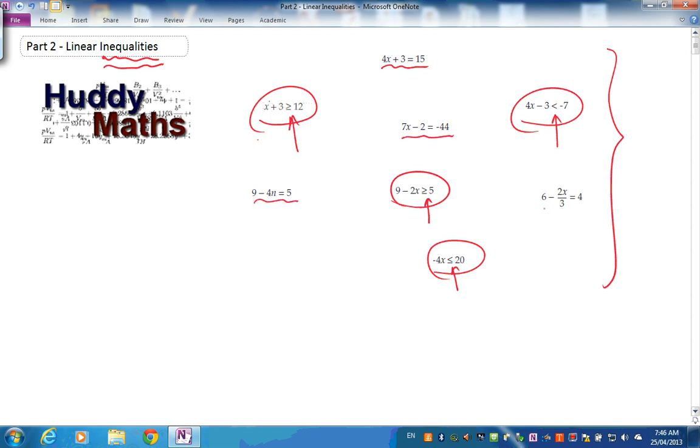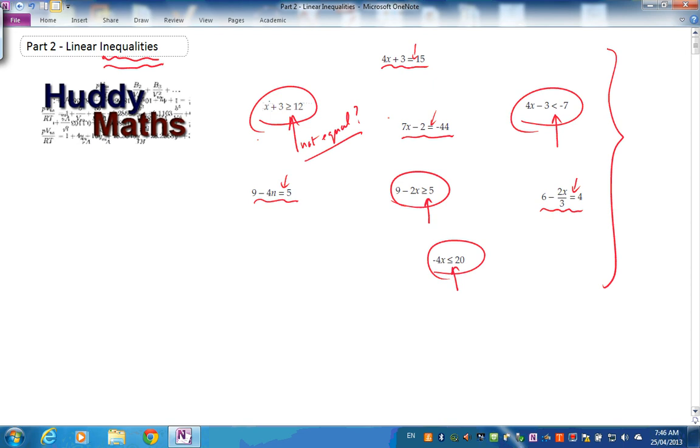They are little equations that we've been solving, and they have equal signs, so they are equations. These others are saying they're not equal. This symbol is saying they're not equal, or are they? Not just equal to. We better have a look at that.